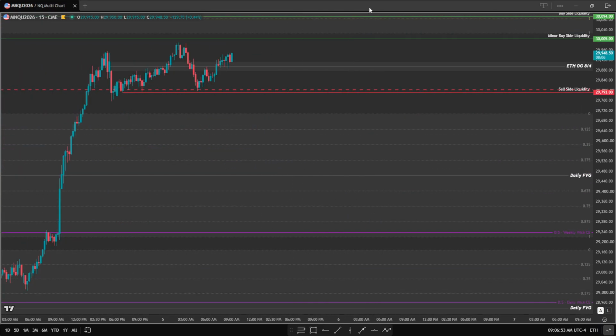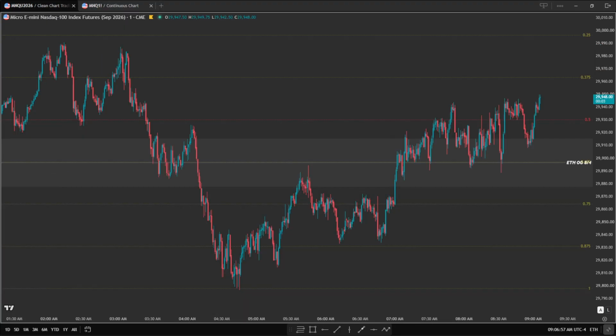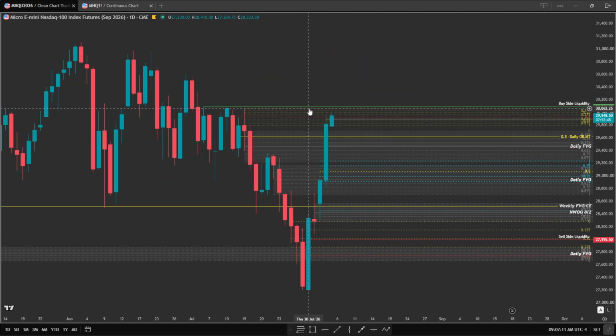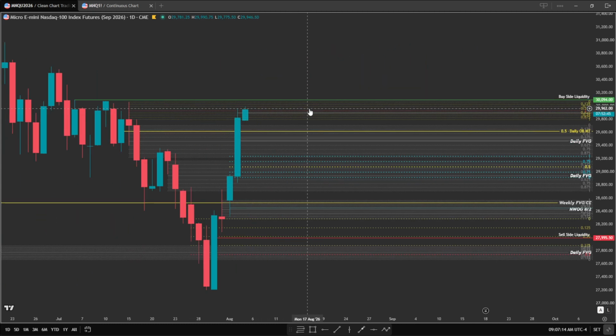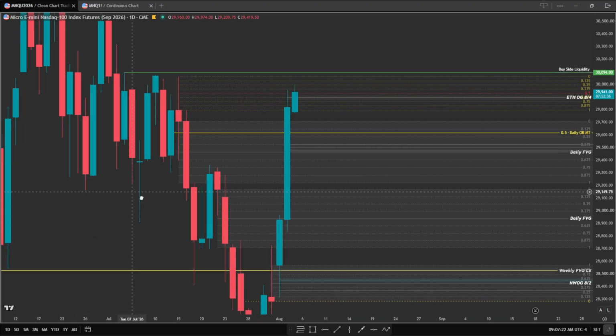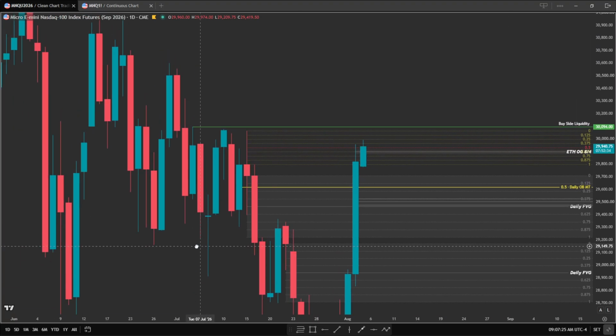So I think that'll be pretty much it on that. I just realized I did all that annotating on my secondary chart here. Get rid of that for now. Right, so this wick I have annotated, but I think it's going to take these highs.